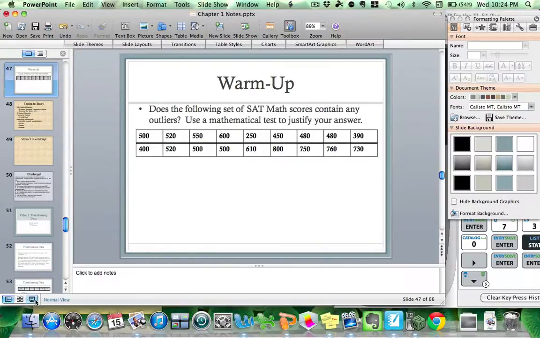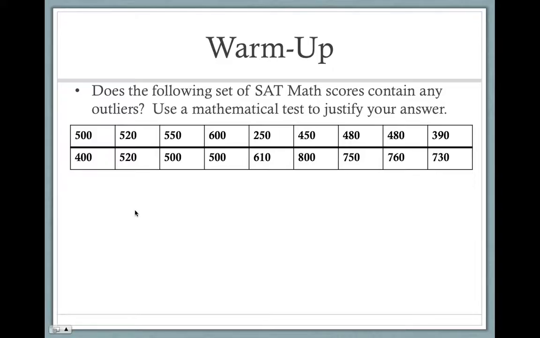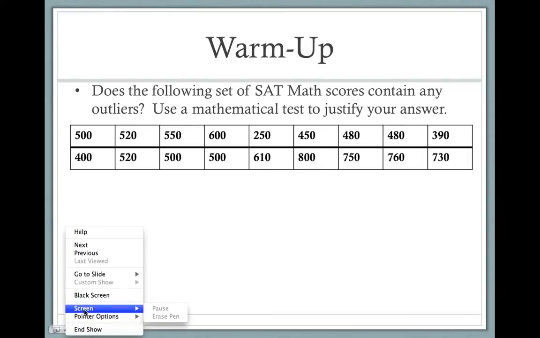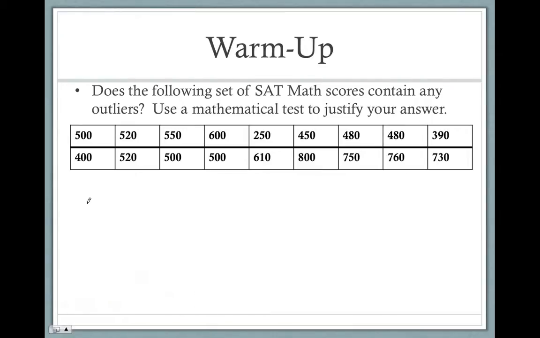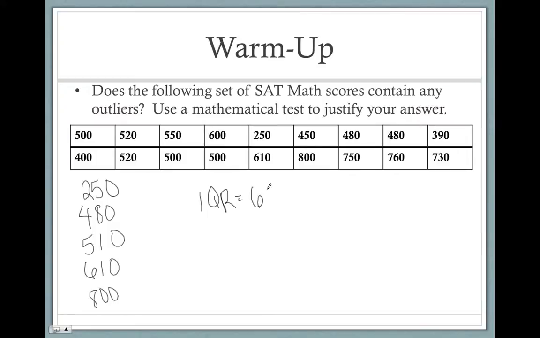I'm going to come back to my problem, and I'm going to remind myself of the 5-number summary, which was 250, 480, 510, 610, 800. If you recall, the first thing I need to do is calculate the IQR, which is Q3 minus Q1, 610 minus 480.